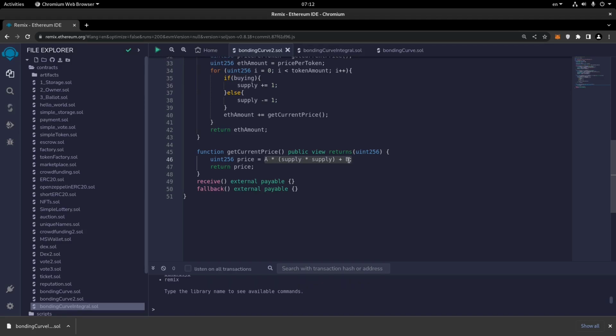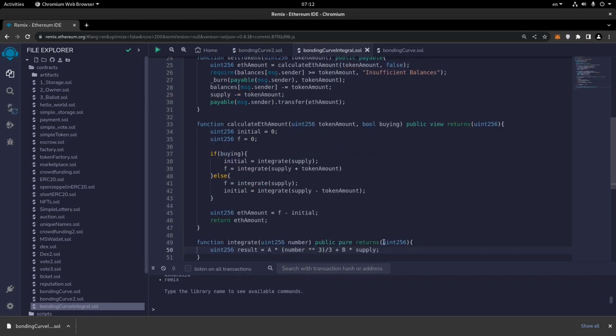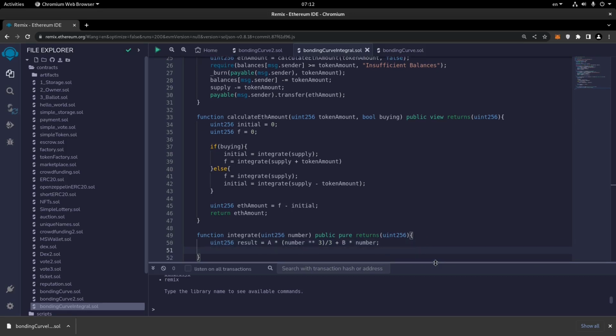It is 0 right here. It will become 1, and it will be divided by 1, which becomes itself. So it will be b multiplied by supply. Here supply is number. So number in this formula. And here we go. So we'll return the result right over here. Results, and there we go.